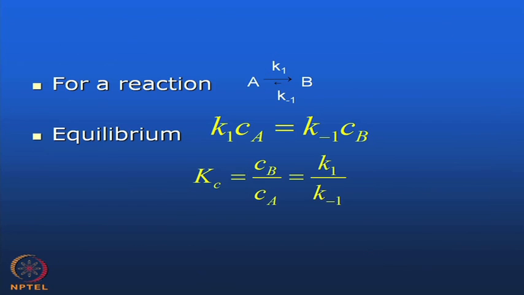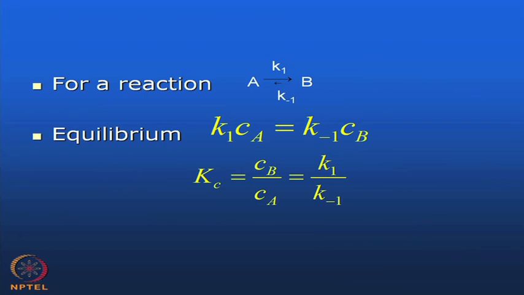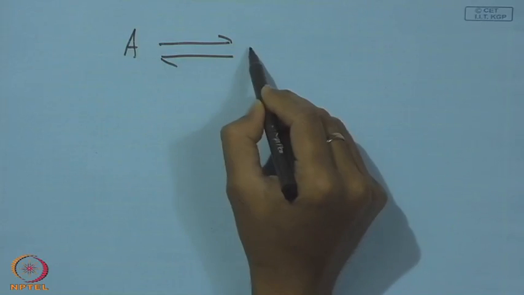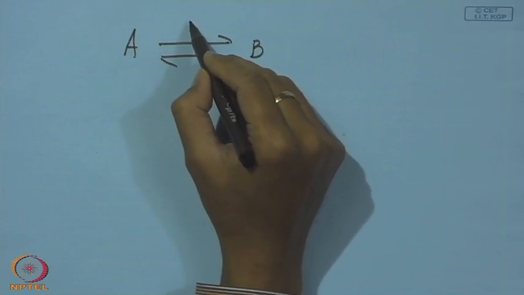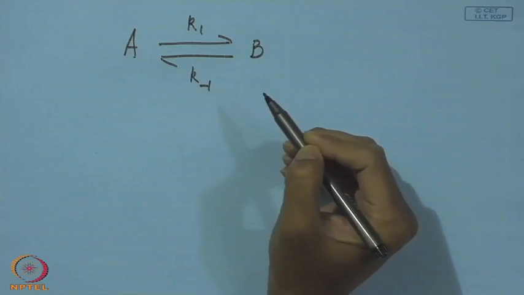Now, let us move on to our next slide, that is the application of the Arrhenius equation in a reaction where chemical equilibrium is established. Let us start with a reaction, say A to B. The forward reaction rate constant is K1 and the backward or reverse is K minus 1.